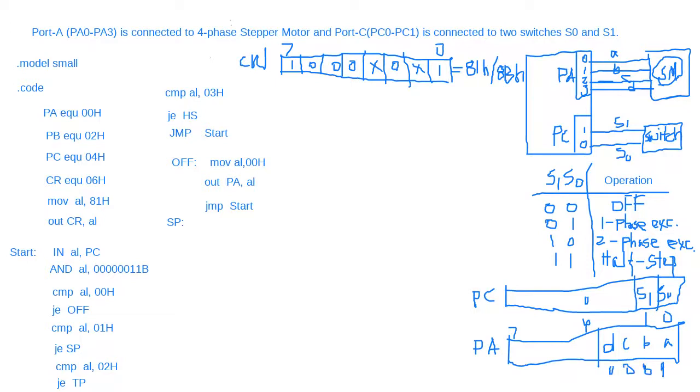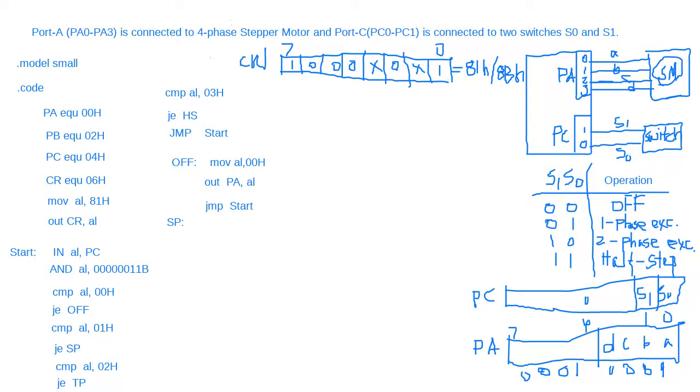Then we make a left rotation by 1 bit, and B will be 1, all others 0. The higher 4 bits are not used, but they should be symmetrical like the lower 4 bits. So in hexadecimal it is 11H. We have to send 11H.